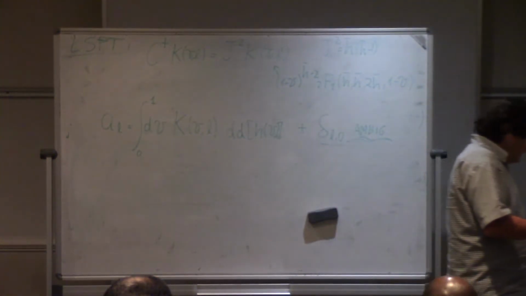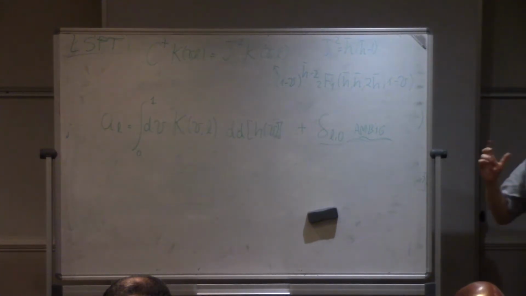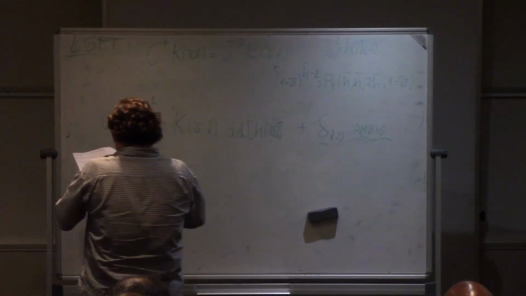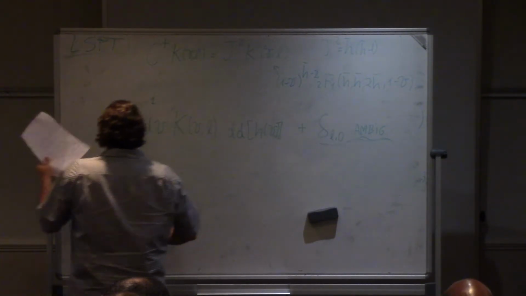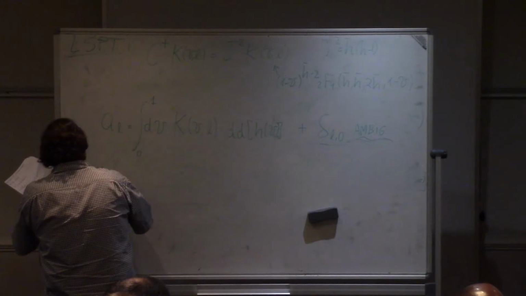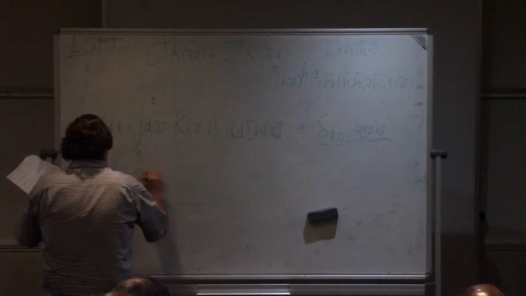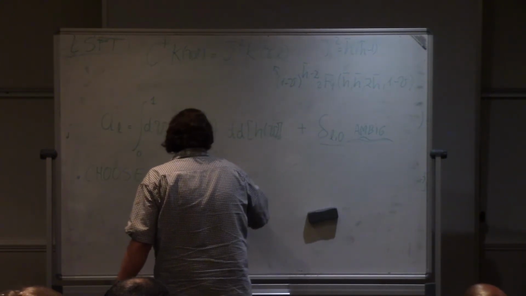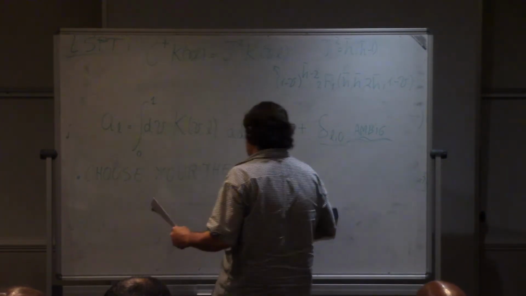But now the idea is, let me just write down the last line. So the idea of the method is the following. Choose your theory, or choose your fight. So what do you want to compute, in which theory.